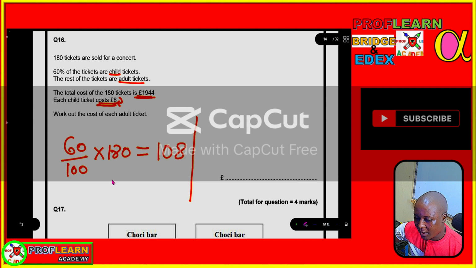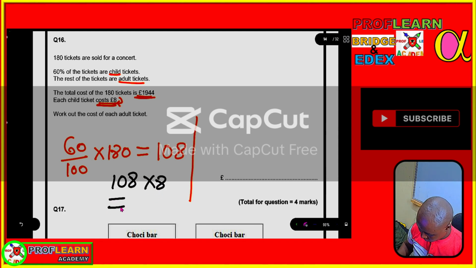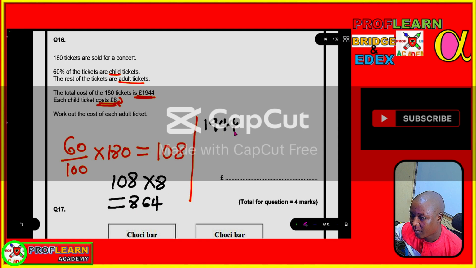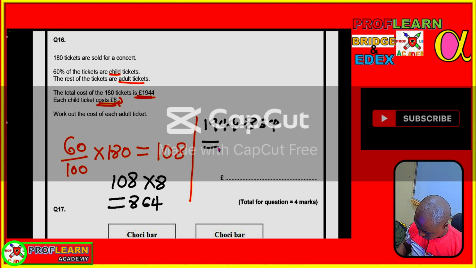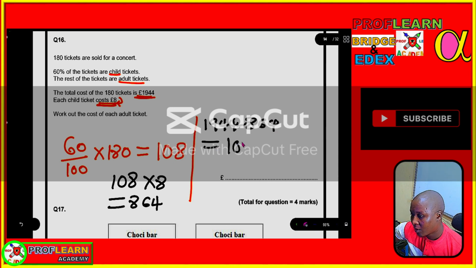So the total amount for the tickets that were sold for the children will be 108 times 8, which will be 864. But the total amount will be 1944 minus 864.